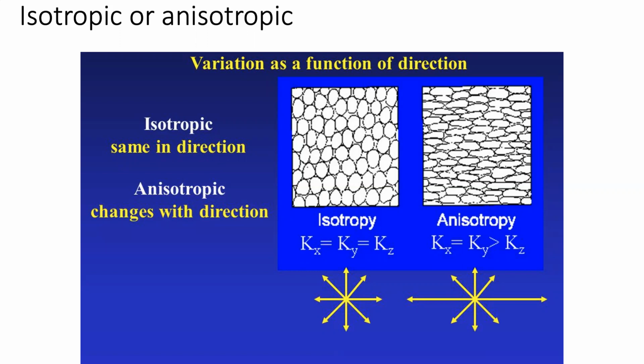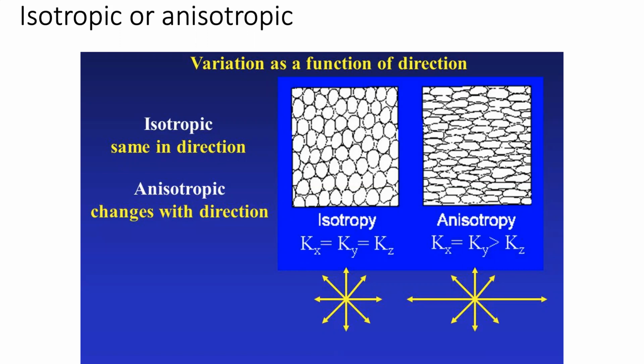If water can easily flow in the X, Y, and Z directions, it's considered isotropic. But if there's a preference for the direction of flow, like you see in the right-hand image here, and that preference of flow changes with direction, we say that that's anisotropic.